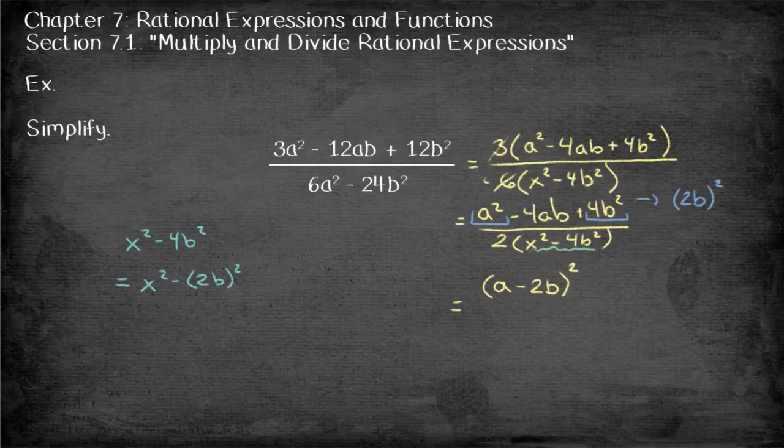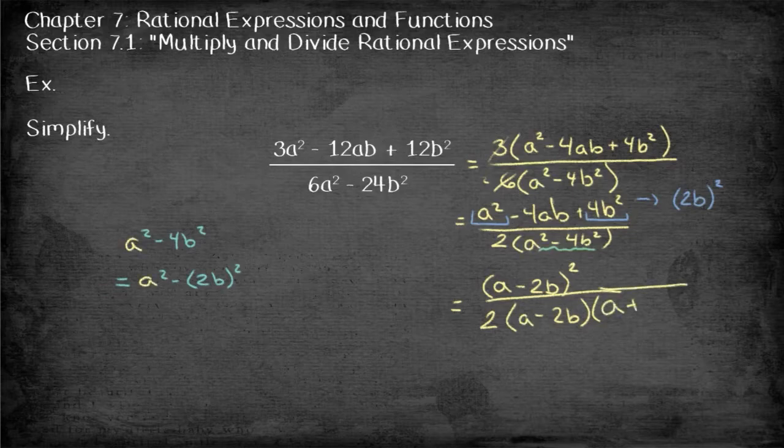Hey, okay. Now we're getting somewhere. We know how to factor difference of squares. It would be a minus 2b. I don't know where I got x from. Sorry about that. Right, a minus 2b and a plus 2b.